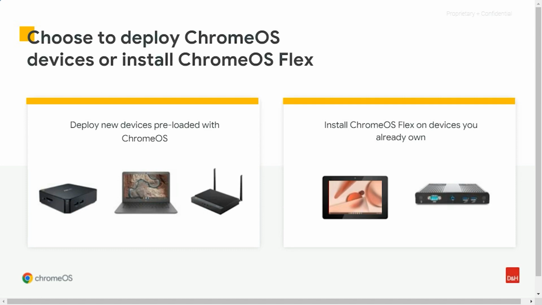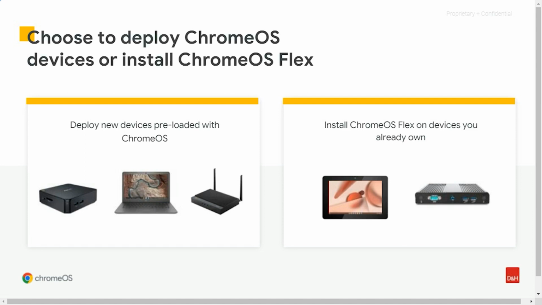So basically, the big question then is, choose to deploy the ChromeOS devices or ChromeOS Flex, right? You have to know exactly when to do the right thing. Obviously, I always say, if you have devices laying around, always go for that first.